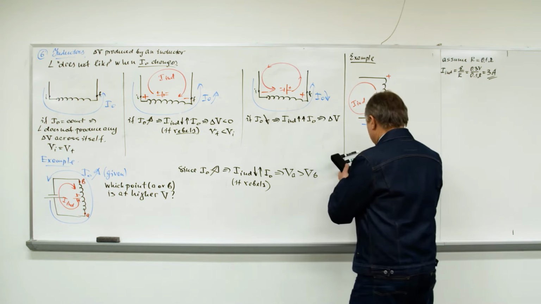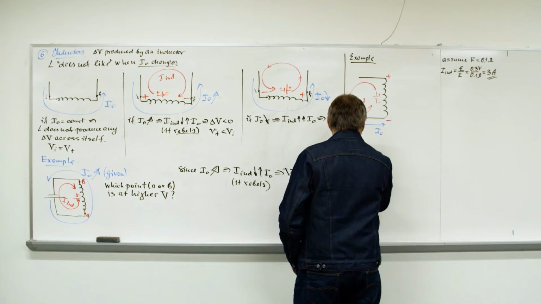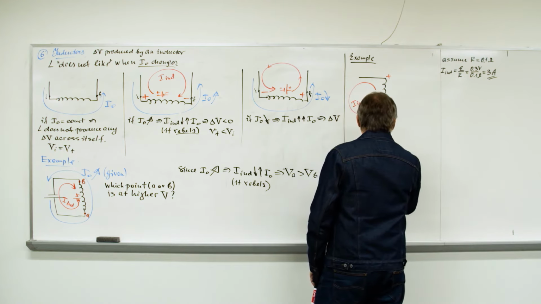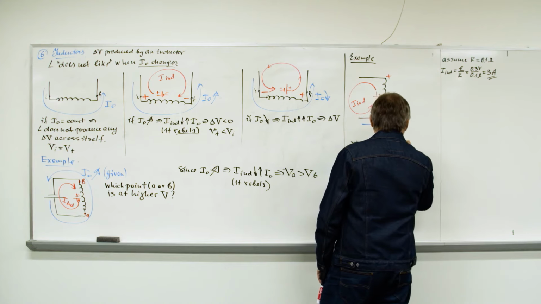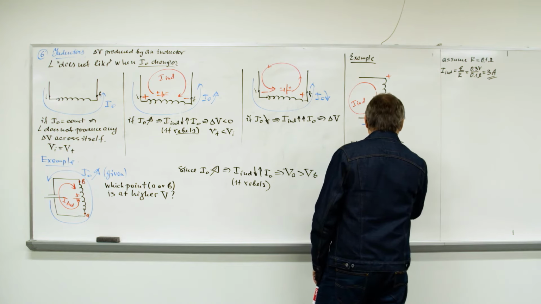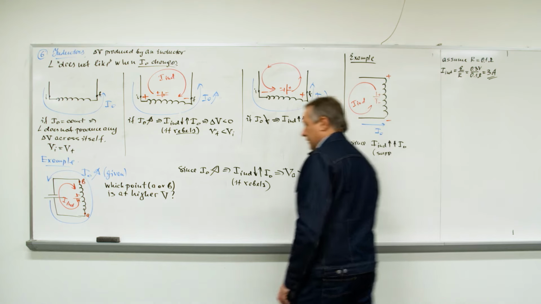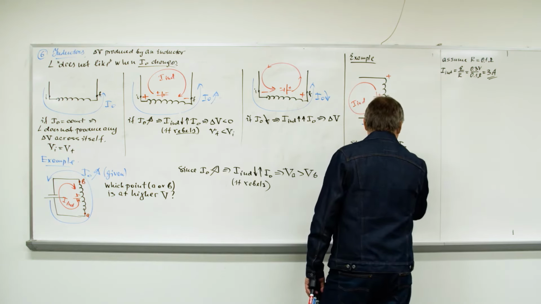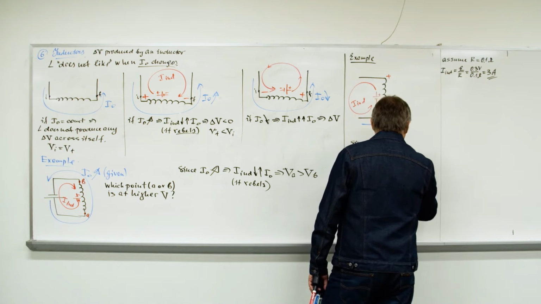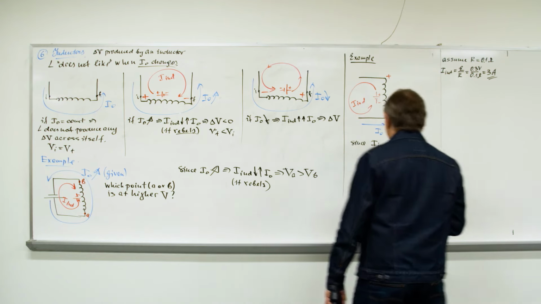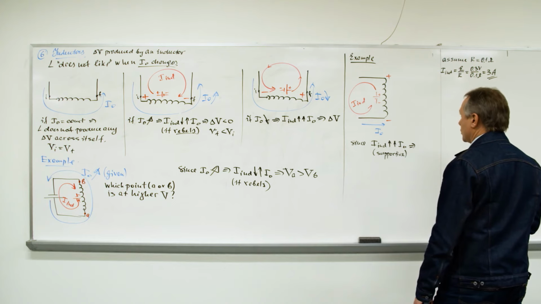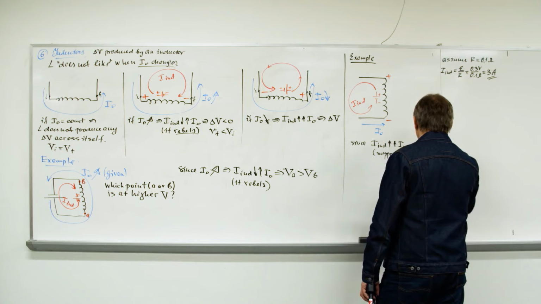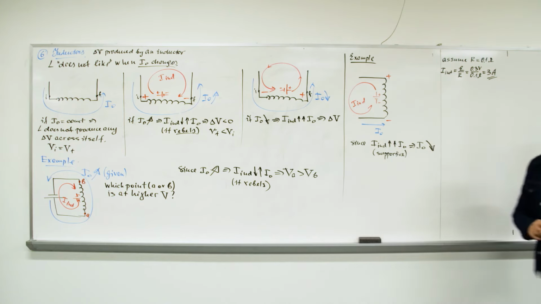So since I induced is in the same direction as I original, it's supportive. So we can jump to the conclusion. Yeah, so it means that the original current decreases, right?